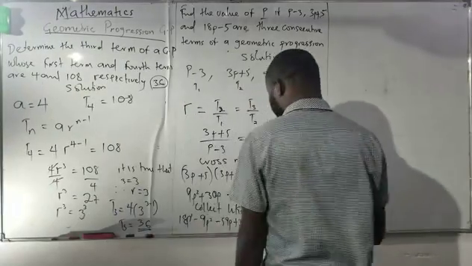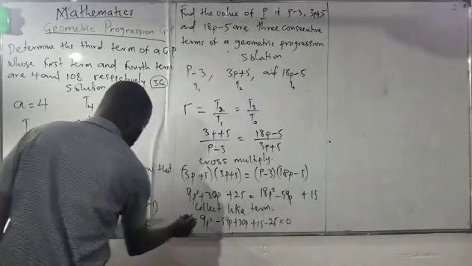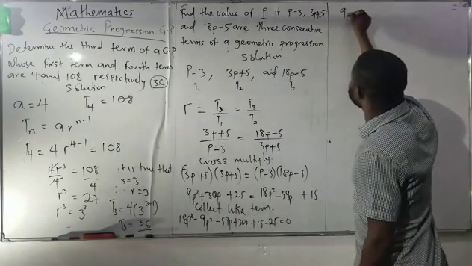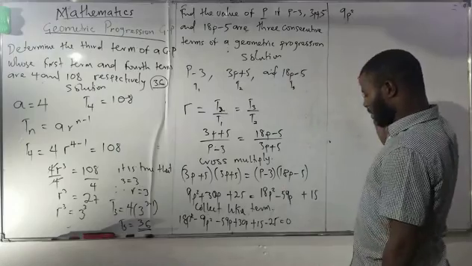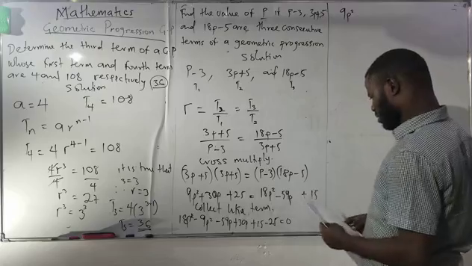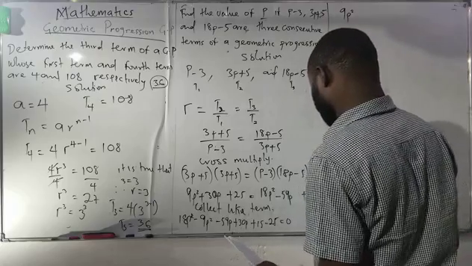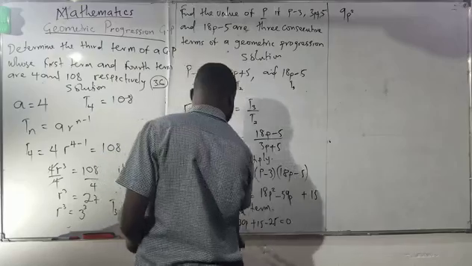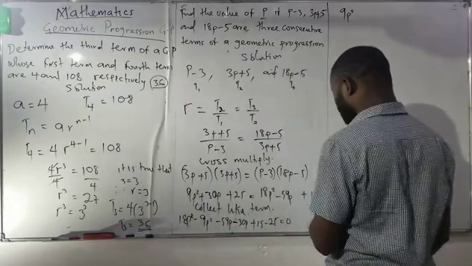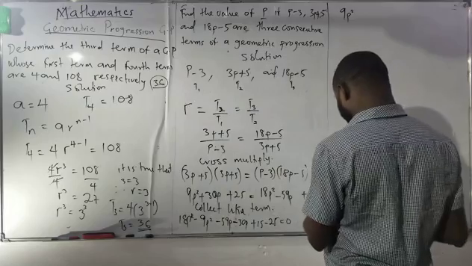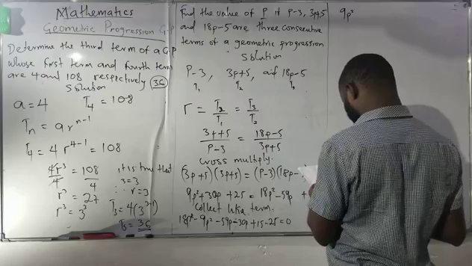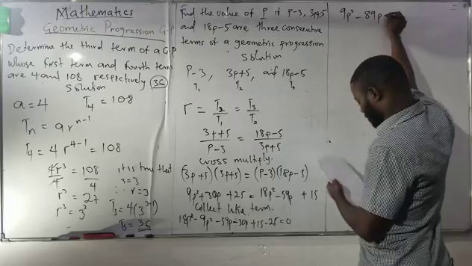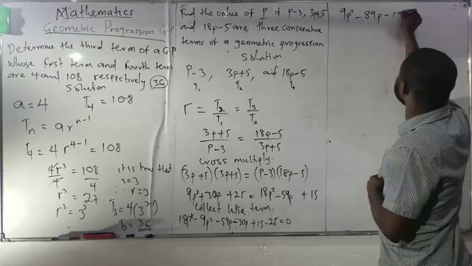Now, I think this is p squared, sorry. I'll be having 9p squared, and this is supposed to be minus, sorry. Which is to be minus 89p. Yes, minus 89p, and minus 10 equals 0.